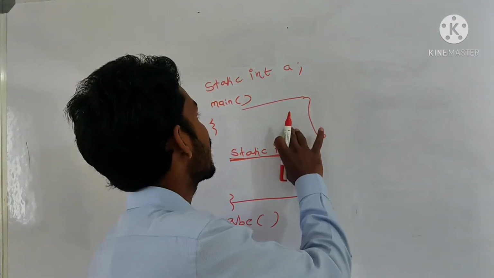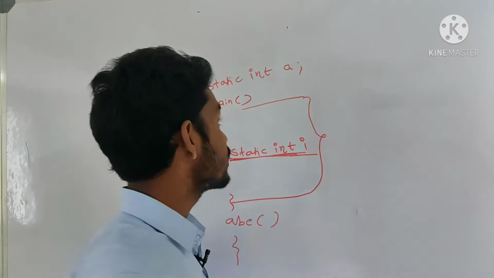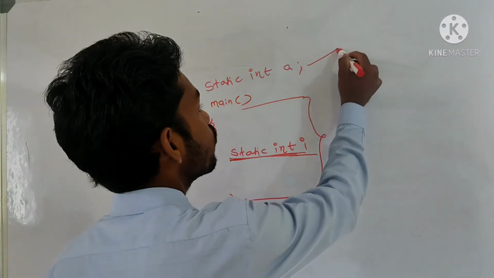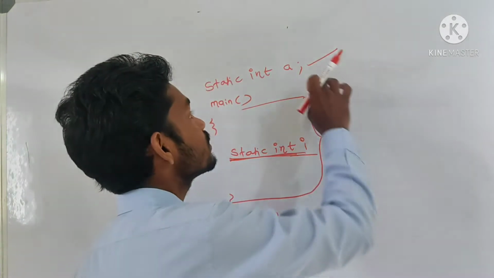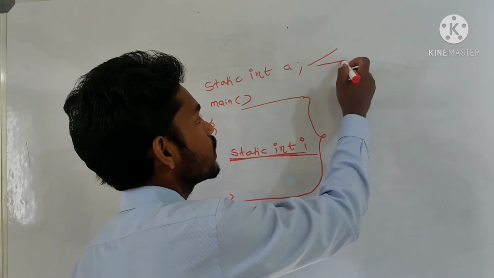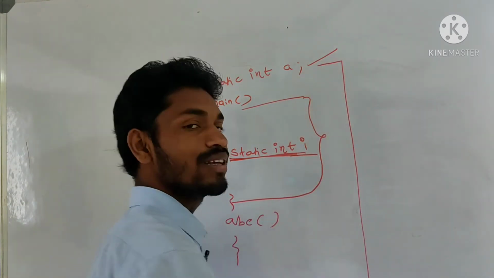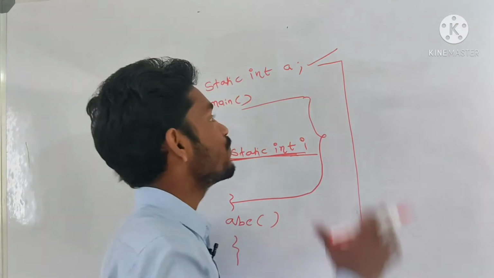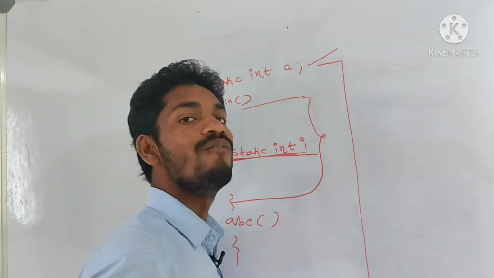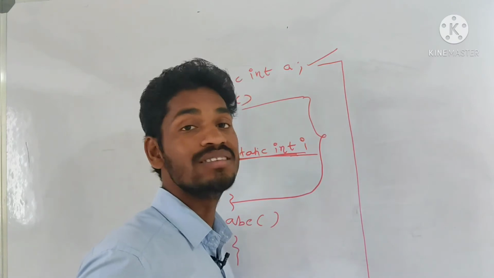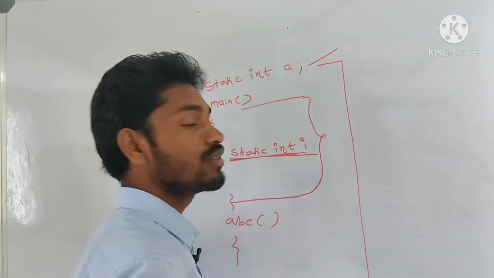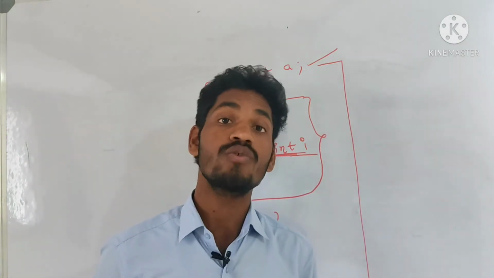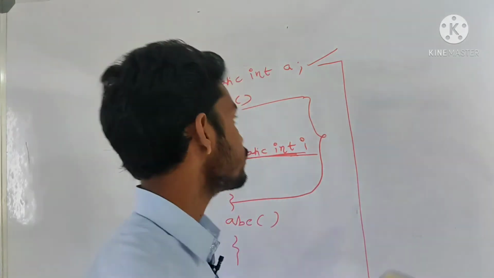If the variable is allocated globally, then the scope is the whole program, and we can access it everywhere inside the program. That's why the scope of that variable depends on where the memory is allocated.